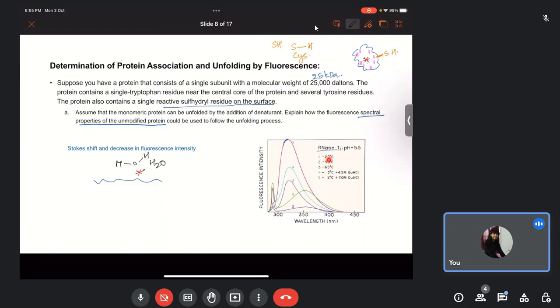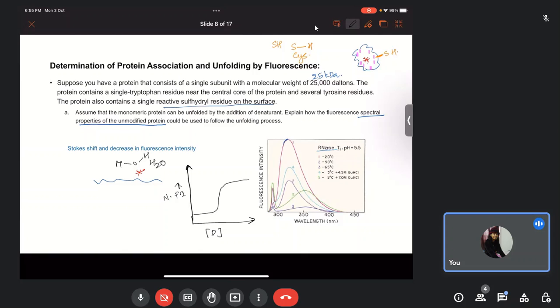So this suggests that by following the Stokes shift and the decrease in fluorescence intensity, you will be able to follow the protein denaturation. So if you plot the denaturant concentration versus the normalized fluorescence intensity, you can get a plot like this, from which you can follow the unfolding process.